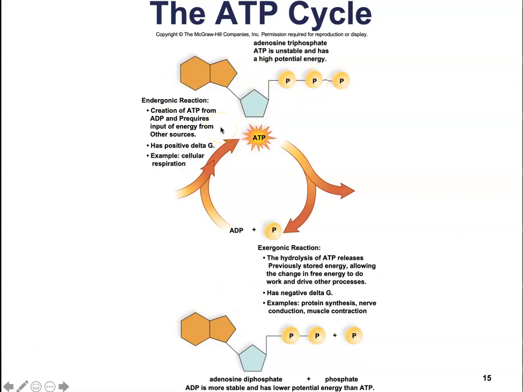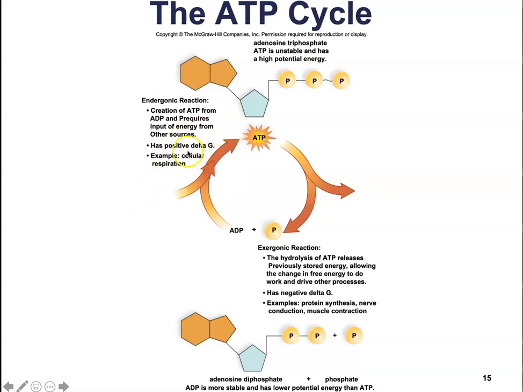If we think about chapter 3, when we were talking about synthesizing molecules or breaking them down, if you synthesize a molecule or you build something, it requires energy to be put in. If you're just breaking something and destroying it, it does not require much energy, okay? So here, this is endergonic, so it requires input of energy from other sources.